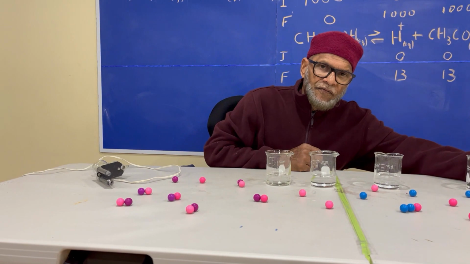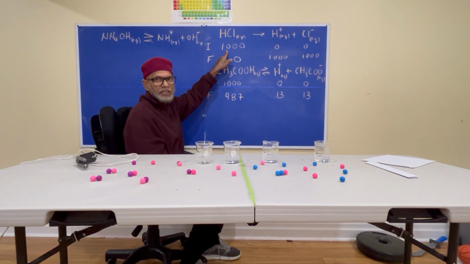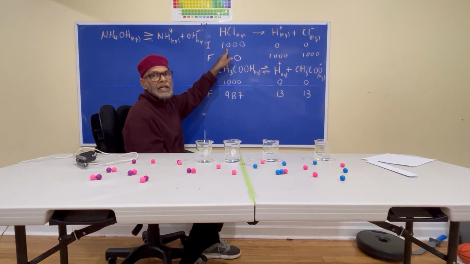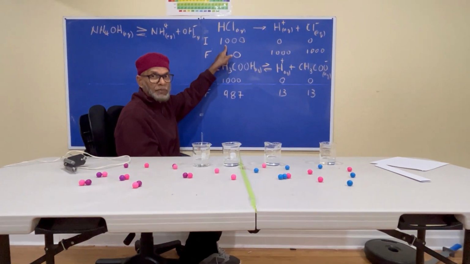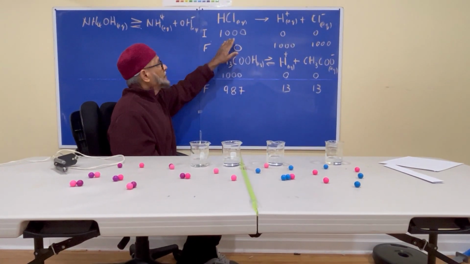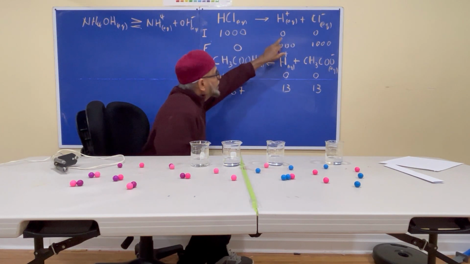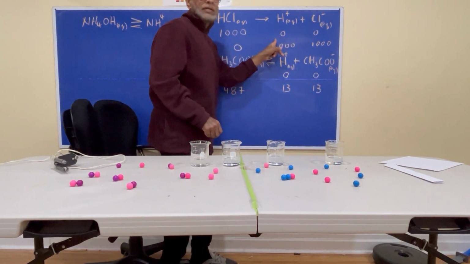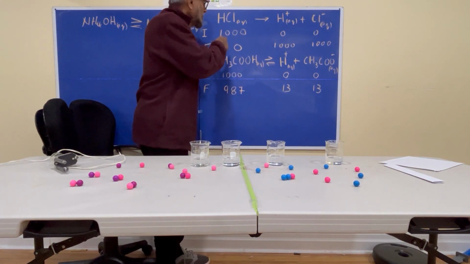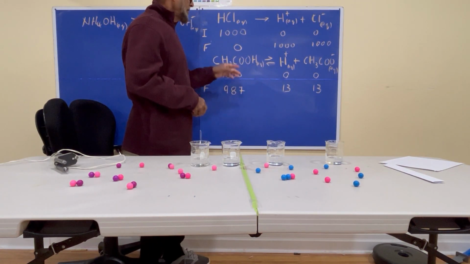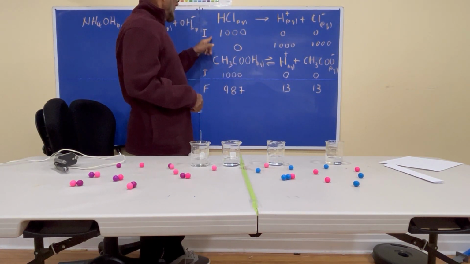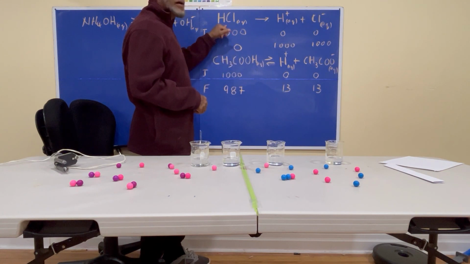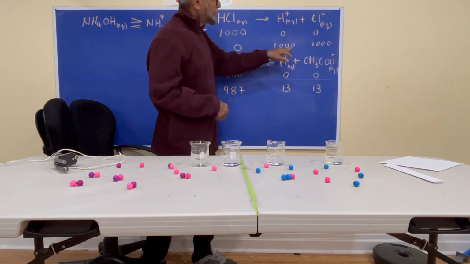So these are some figures here that I want to show you. Look, if I had 1,000 molecules of hydrogen chloride, it's called hydrogen chloride before it ionizes, and I have zero chloride and hydrogen ions initially. But the moment you dissolve that in water, look what happens. That's initial. Finally, you'll have zero molecules there, but all will be in the form of ions.